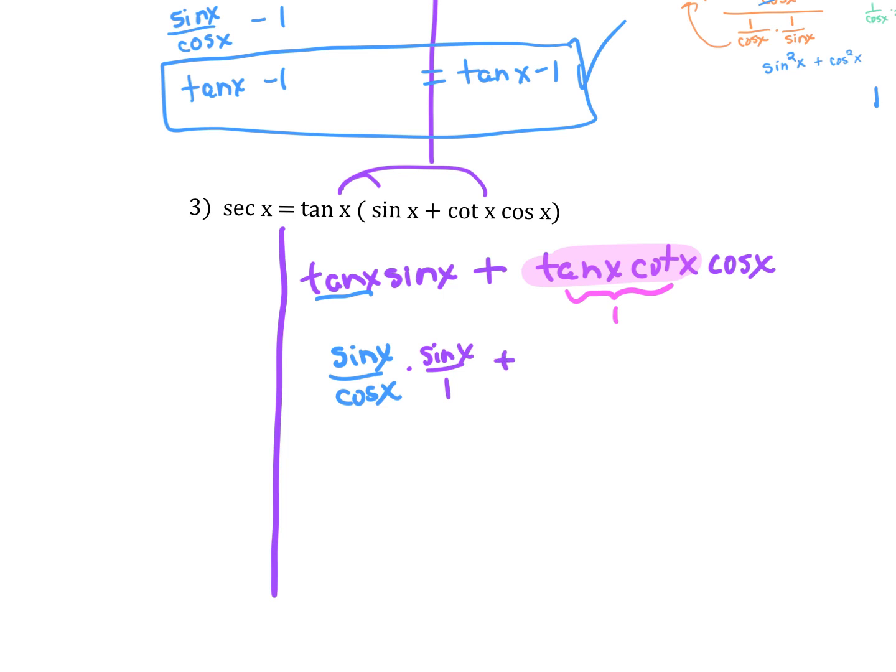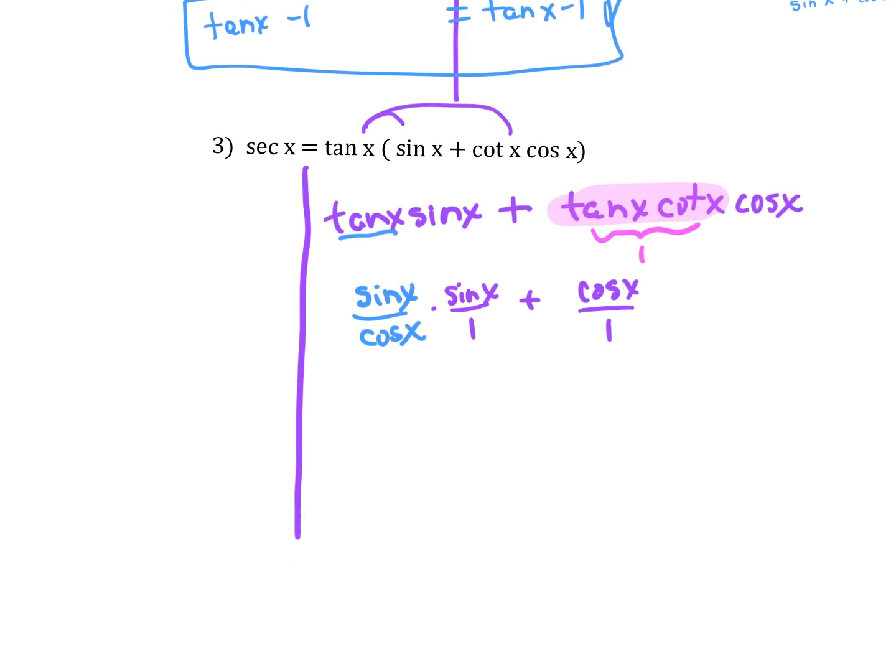And then here we just have cosine x over 1. So when we combine like terms, we have sine squared x over cosine x plus cosine x over 1. I'm seeing fractions that we are trying to add. So what do we need? Common denominator.